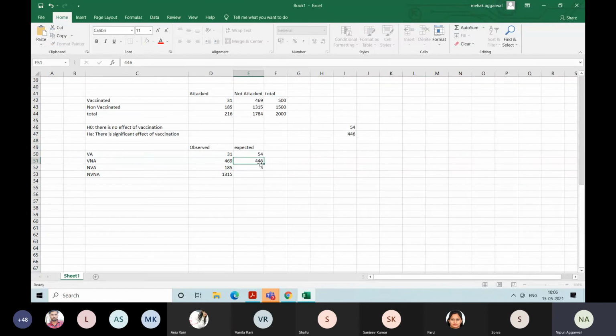So 446 is the expected frequency against 469. Against 185, it is 1500 times 216 divided by the grand total 2000, so 162.